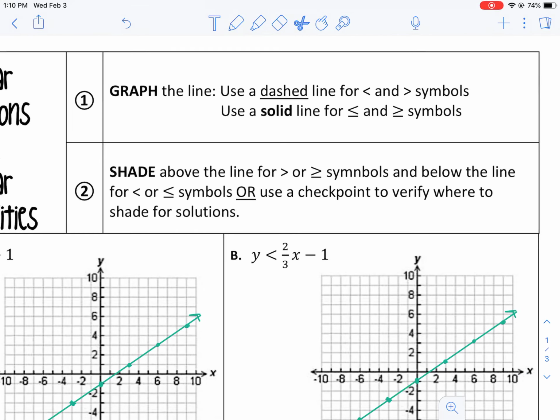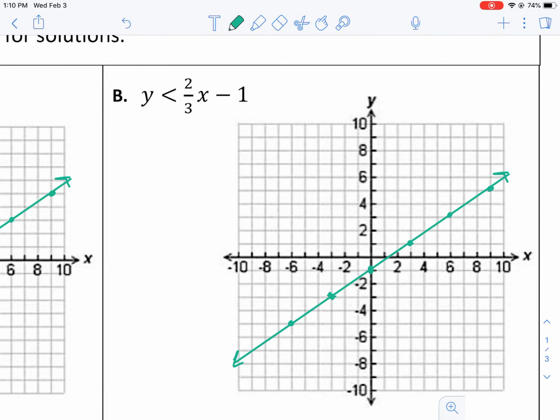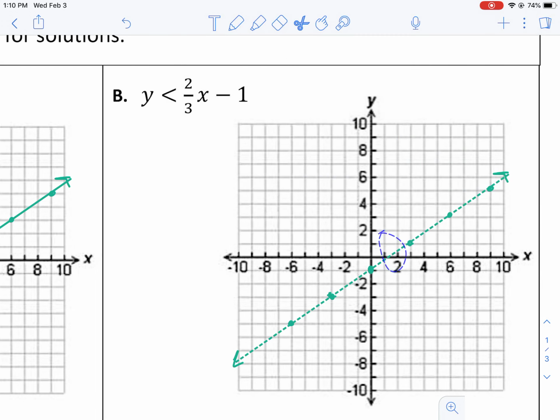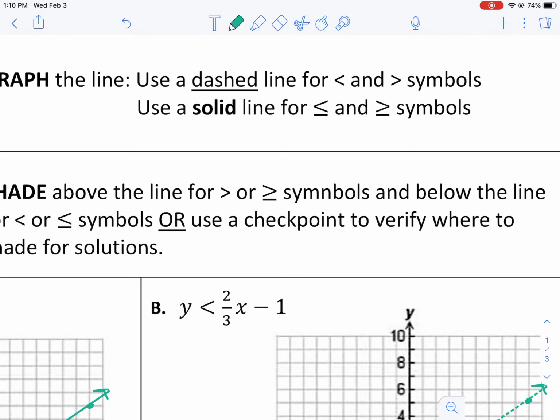And it explains up here that you're supposed to use a dashed line for the less than and greater than symbols. And luckily, we have the ability to do that. In style, if you go over, you can make it dashed. So that just means it's not equal to. So if it is equal to, then you just use a normal solid line.